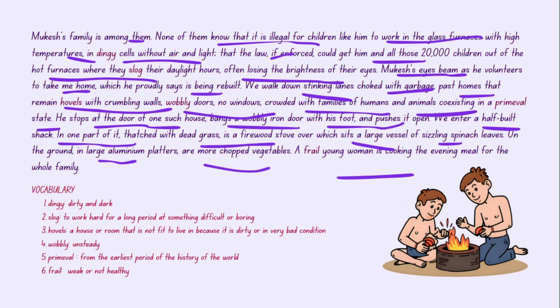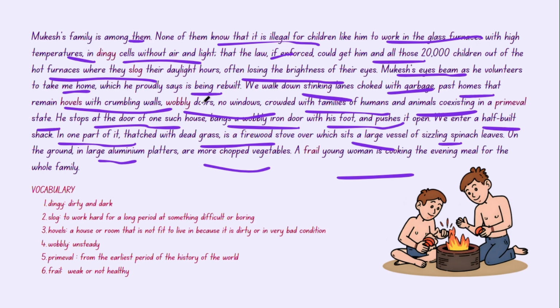Now, when the author and Mukesh walk towards their home, they walk down stinking lanes that were choked with garbage. So here we can see in what kind of areas they live, in such poverty-stricken areas, where to get to their homes, they have to pass through lanes that are filled with garbage and smell, and they have to pass homes that remain hovels, that are not fit to live in because they are very dirty and crumbling, about to fall apart.